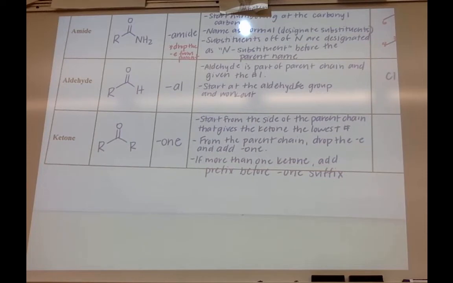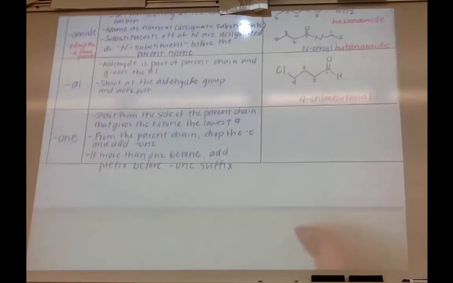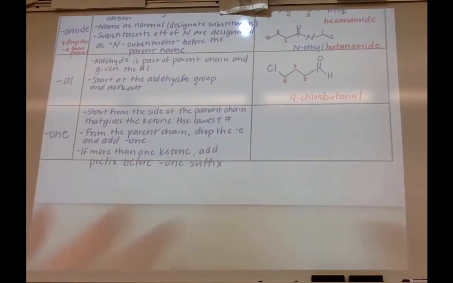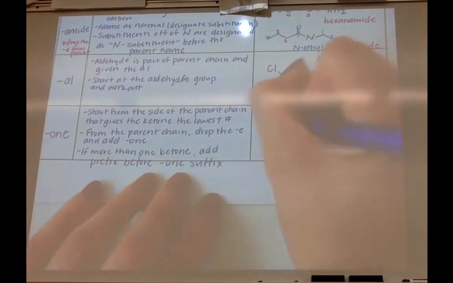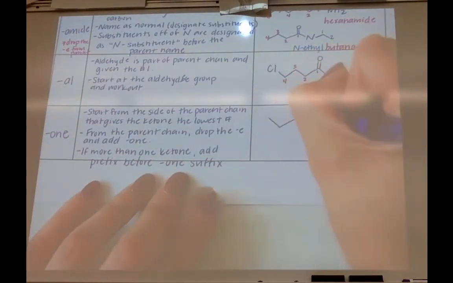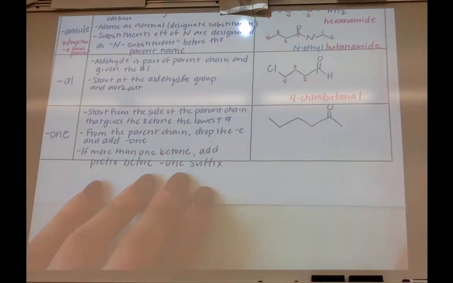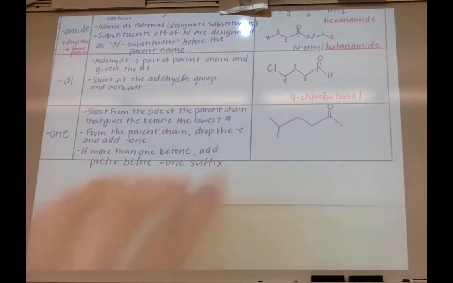So when it comes to ketones, we want to give our ketone the lowest number possible. So let's look at there's our double bond O. Let's do this.